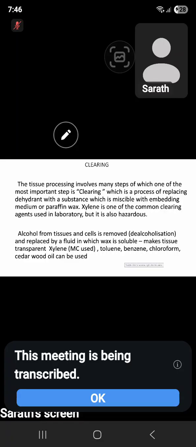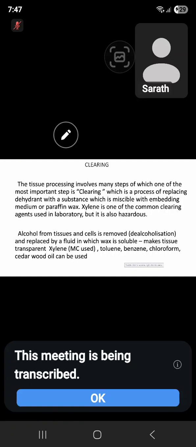It should be miscible with the embedding medium as well as alcohol. That intermediate substance we are taking is xylene. Xylene should clearly mix with alcohol as well as paraffin wax. That property should be there. So a clearing agent should have those two properties.